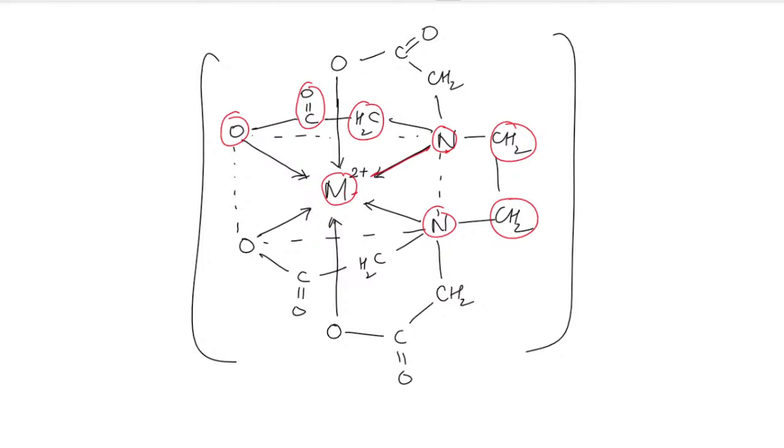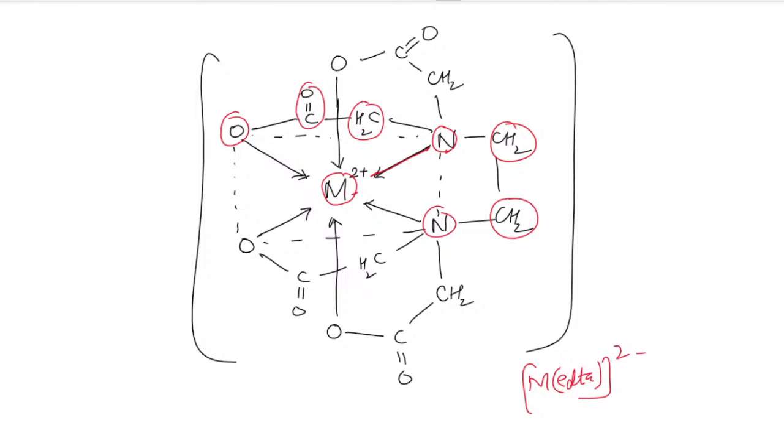All 5-membered rings are formed. Okay, so that is also a chelate. So that is metal EDTA. Okay, got it? So this is the concept of chelation.